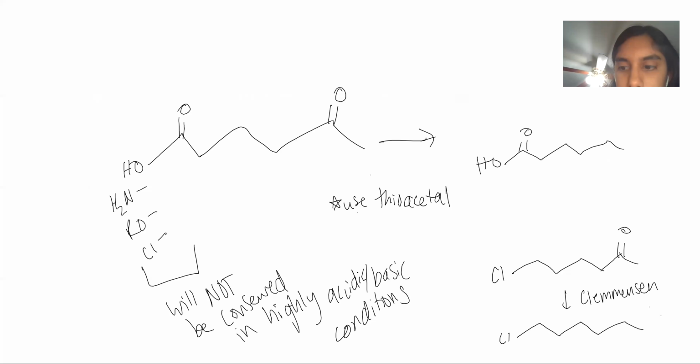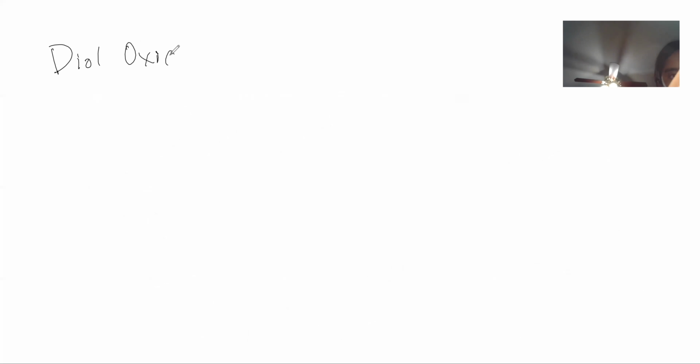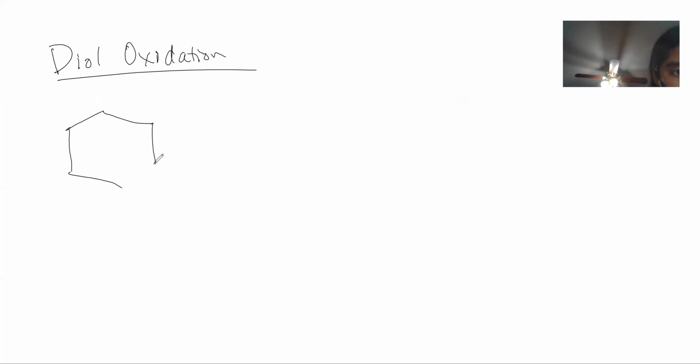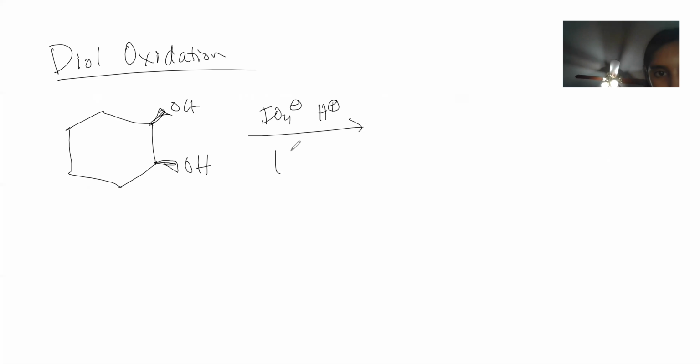Okay, first let's do the lecture before that. So there's diol oxidation. I should have done this with the oxidations. Where if you have a diol, you can use IO4, I think it's also written as HIO4, and it just cleaves this bond.